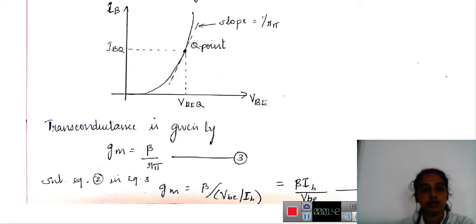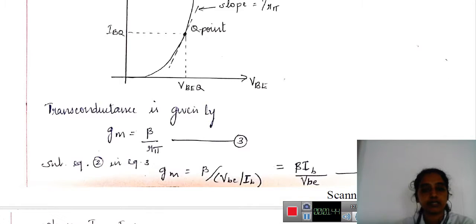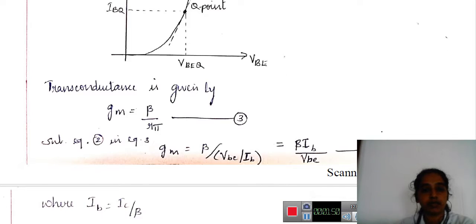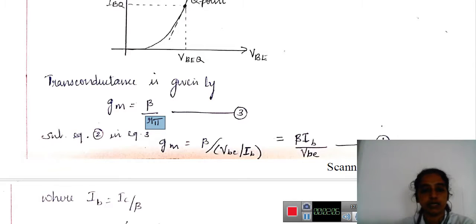So now we know that the transconductance is denoted by Gm. Gm is equal to beta by R pi. So we have already found the value of R pi. What is R pi? R pi is VBE by the base current IB. So here we have beta into IB by VBE.